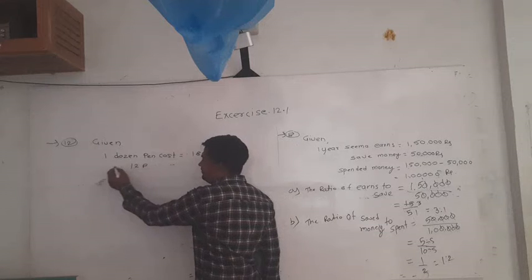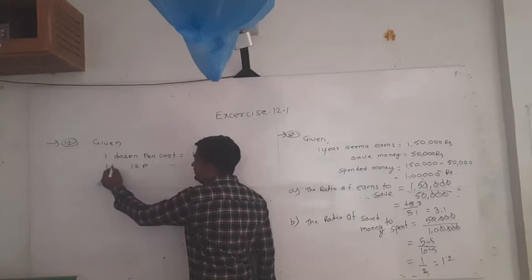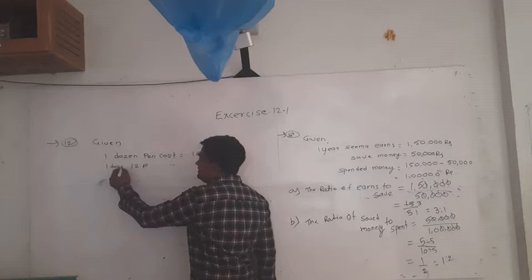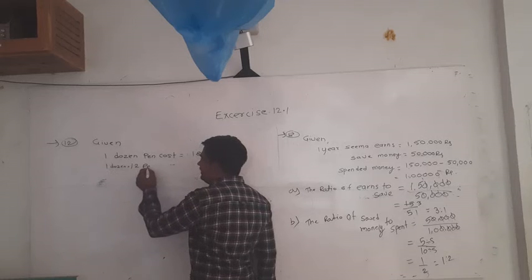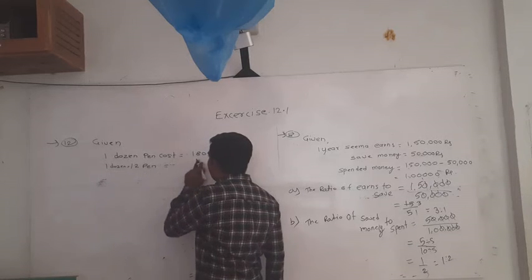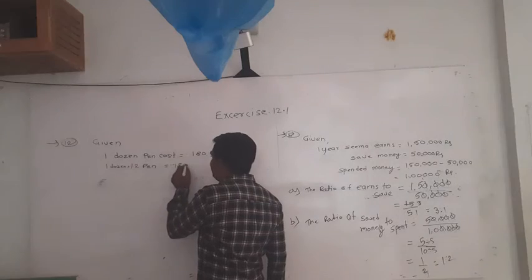We know that in 1 dozen there are 12 pens. 1 dozen is equal to 12 pens. 12 pens cost 180 rupees.